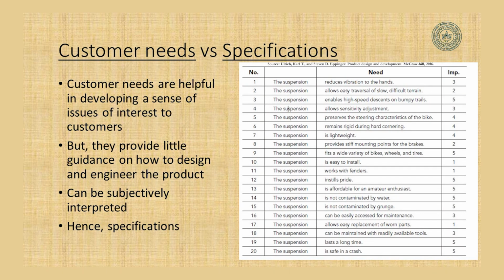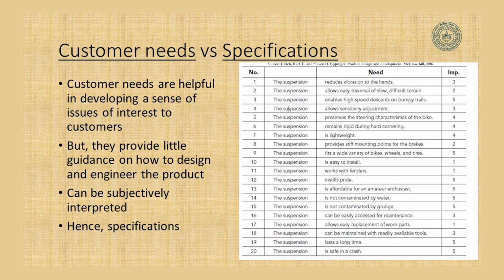So, from the customer needs, you need to develop some specifications. Customer needs are helpful in developing a sense of the issue of interest to customers. That customer need may be in the form of very short phrases that are listed out.